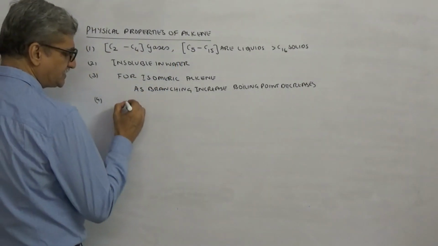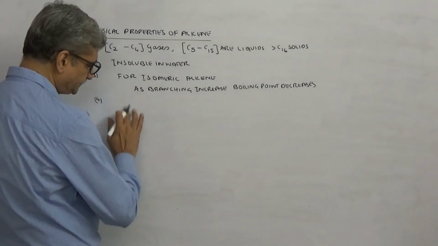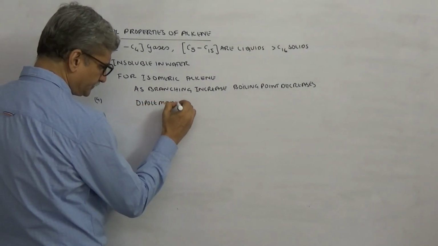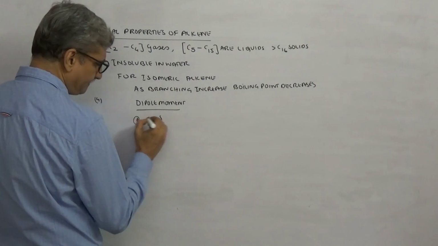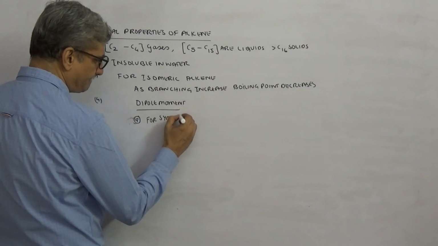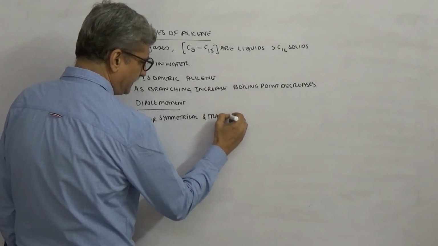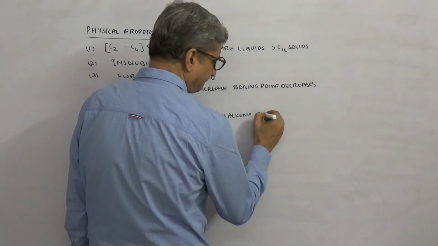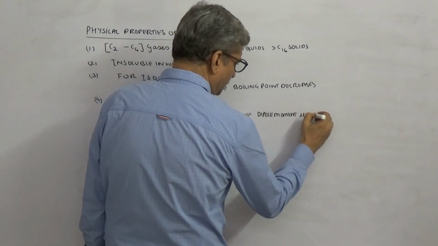See, we talk about dipole moment. For symmetrical and trans alkene, dipole moment mu is equal to 0.